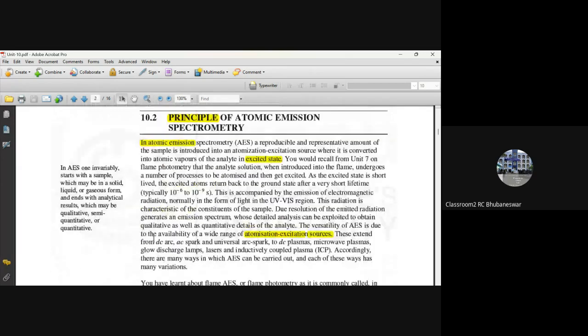So the principle of atomic emission spectroscopy, what is that? As we are always discussing the principle of any spectroscopy while moving towards the elaborate discussion of that spectroscopic part, and by this time you might have understood that all the spectroscopic methods are based on one principle, that is radiation and matter interaction.